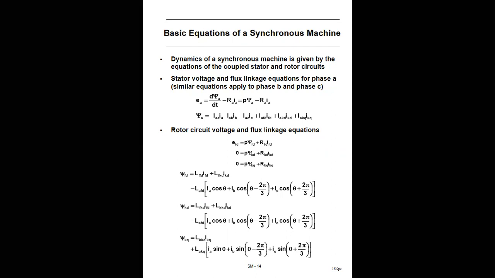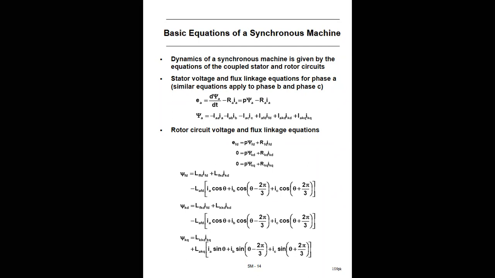The stator voltage and flux linkage equations for phase A; similarly, we can apply these equations to phase B and phase C. EA is equal to d psi A by dt minus RA IA, and psi A is equal to minus LAA into IA minus LAB IB minus LAC IC plus LAFD IFD plus LAKD into IKD plus LAKQ into IKQ.